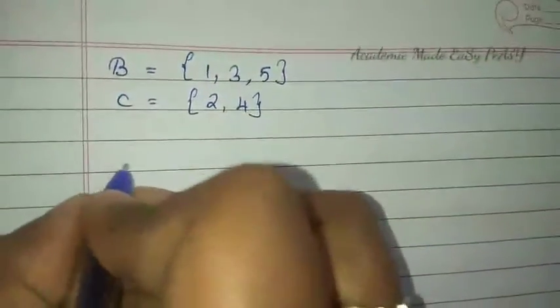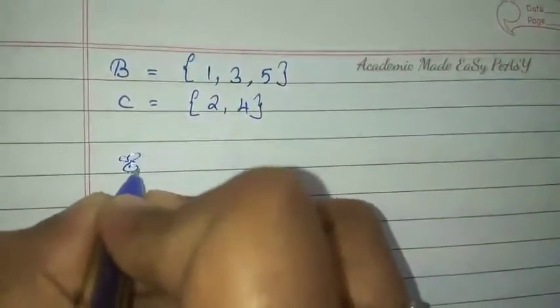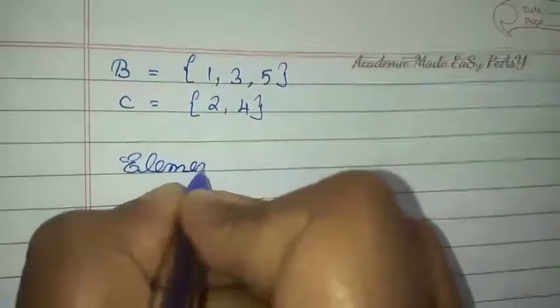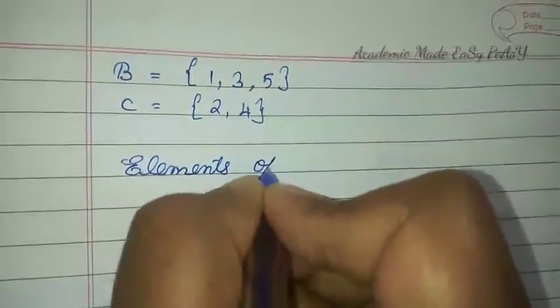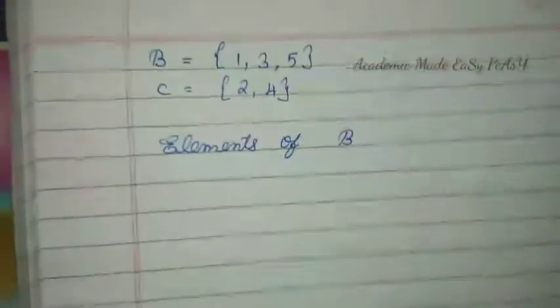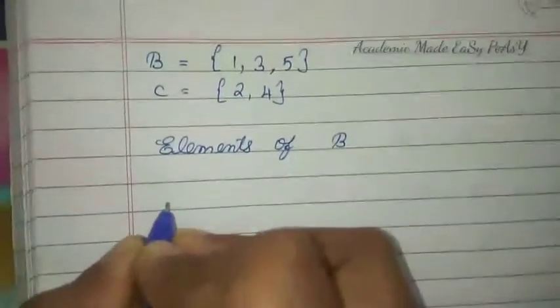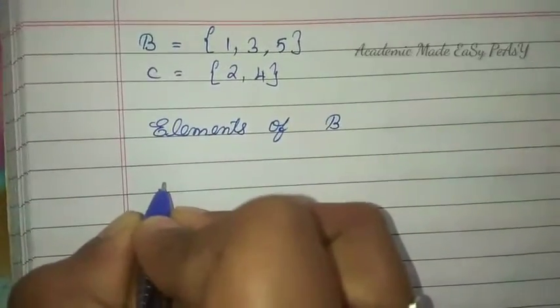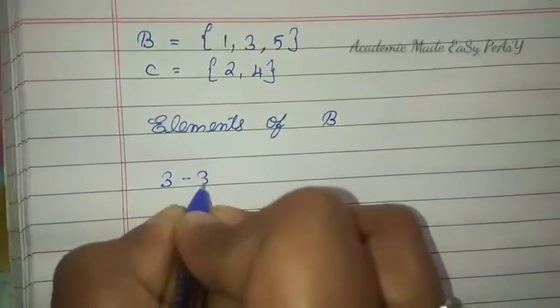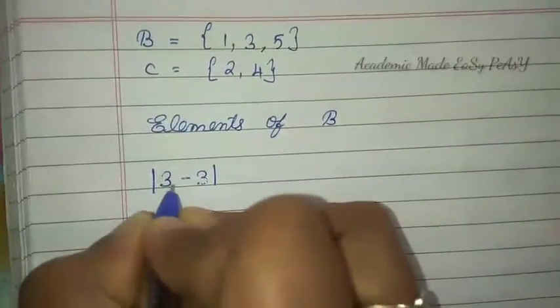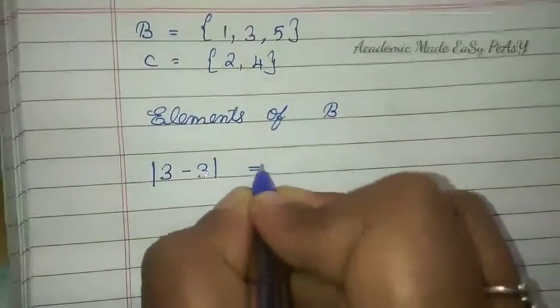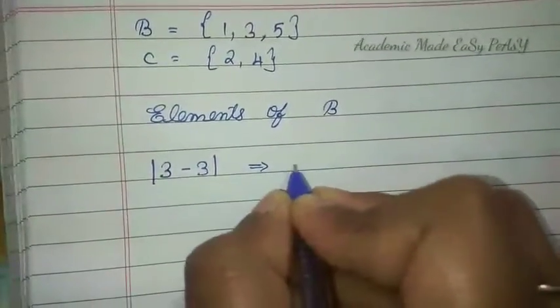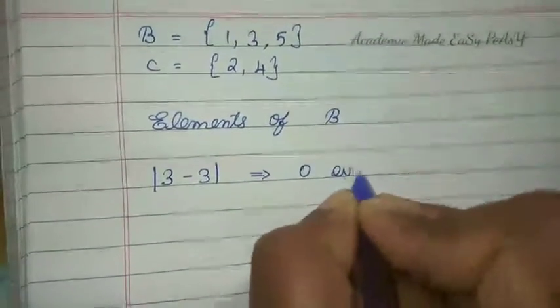So first let me take the elements of set B. For reflexive, any number that I take, 3 minus 3, so (3, 3), that is 3 minus 3, I will get the answer 0, which is even.